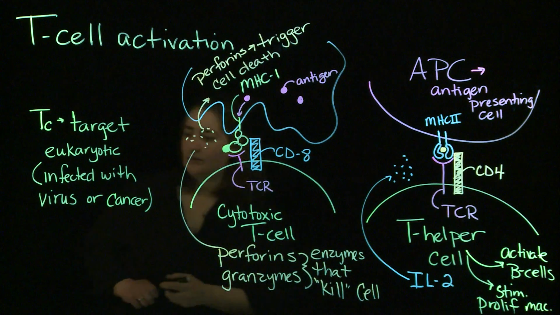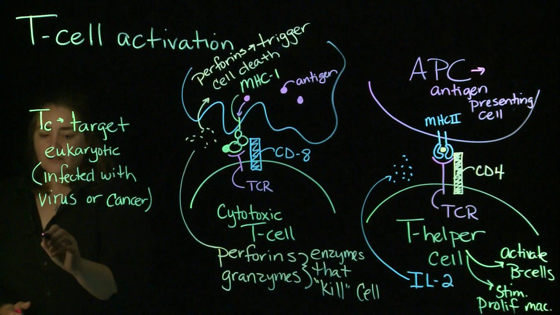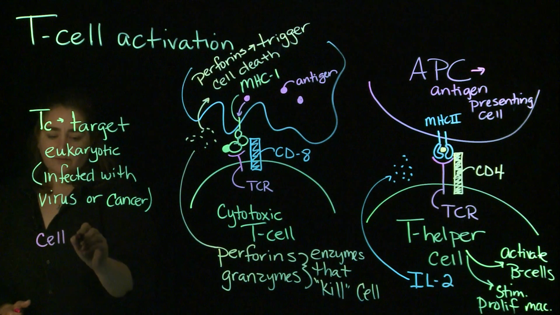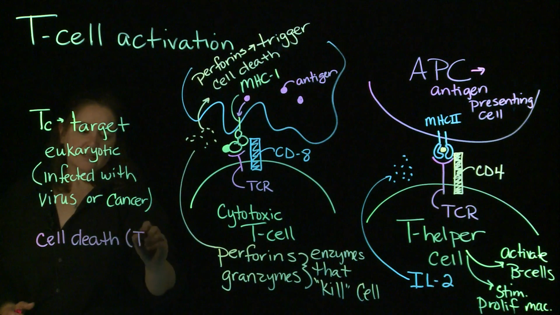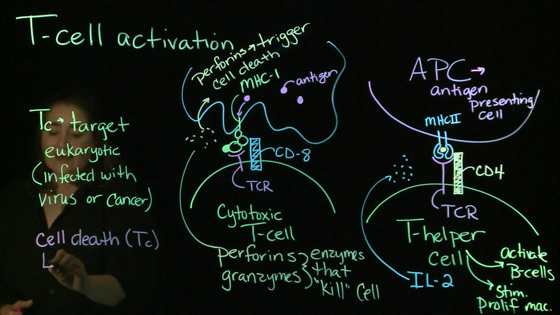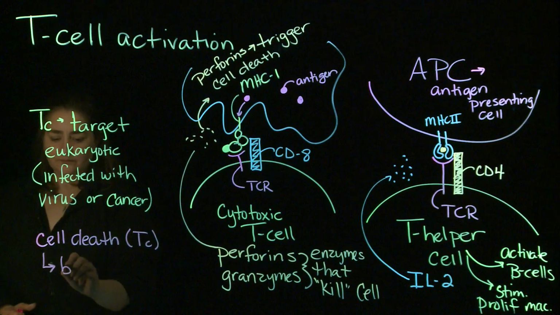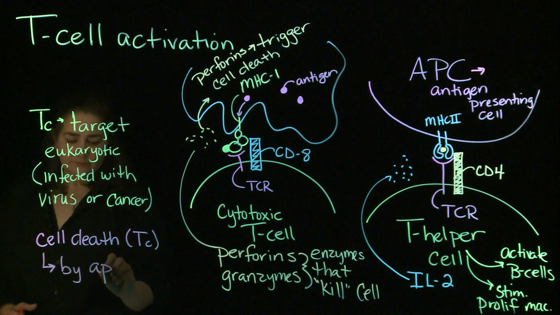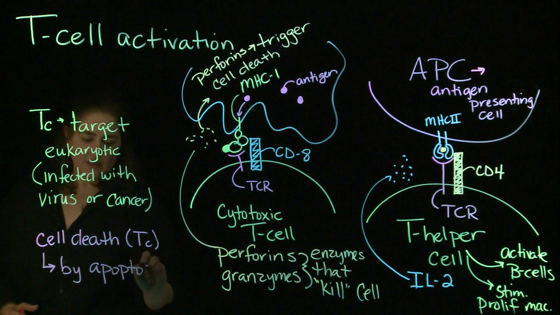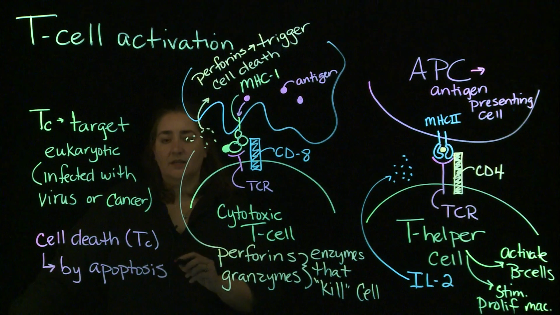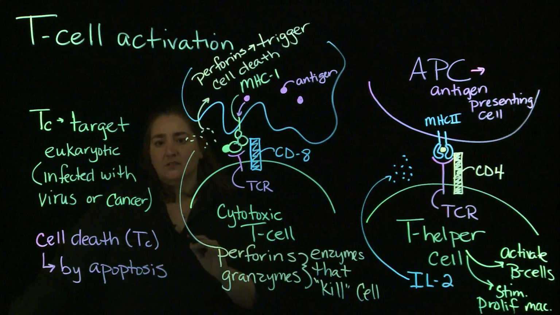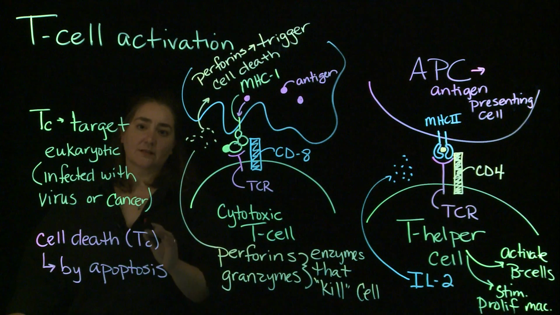In terms of the process we're talking about here with the cytotoxic T cells, let me go with a different color here. The cell death that we're talking about with the cytotoxic T cells, how they kill, is by a process known as apoptosis. Apoptosis is programmed cell death.